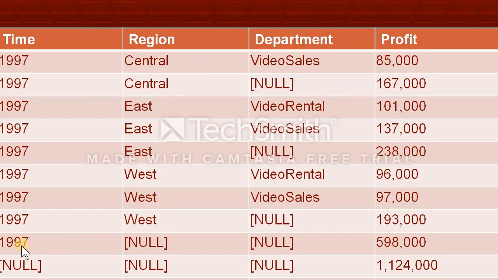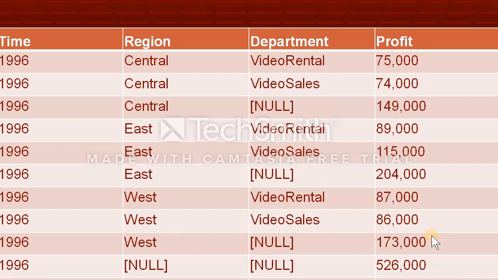And this line is showing that in 1997 we got this number of profit, and at this line we are saying that in 1996 we got this number of profit.